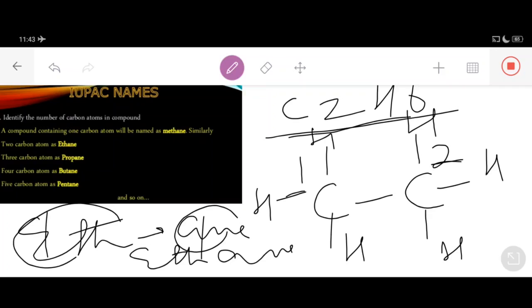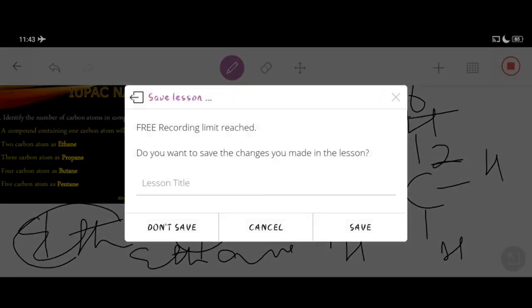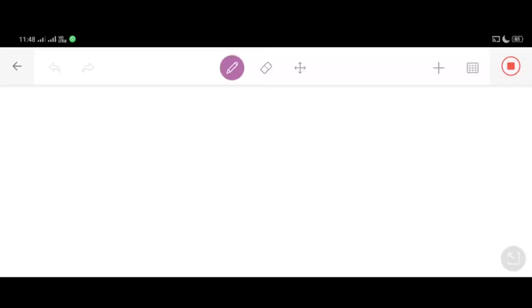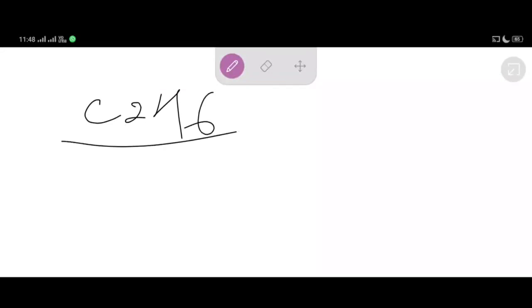A second example. Let's discuss some more examples to make you understand what this nomenclature actually is. That was named ethane. Now another example is C3H8.